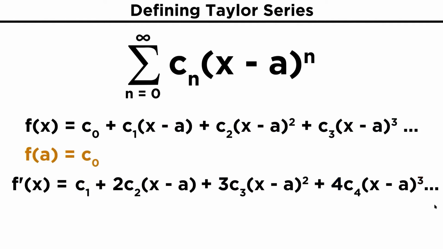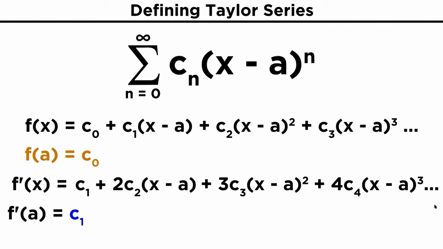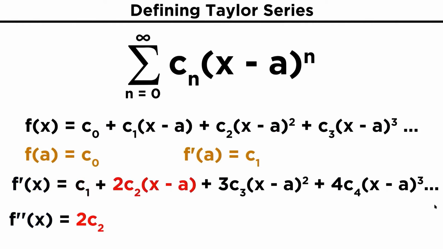Now with this expression, which represents the first derivative of the function, if we plug in a, all of these terms will disappear, just like when we plugged a into the original function. The only thing left is c1. So f prime of a, or the derivative of f evaluated at a, equals c1. Let's go back to the expression for the first derivative and take the derivative again. c1 goes away, and this term becomes 2c2.